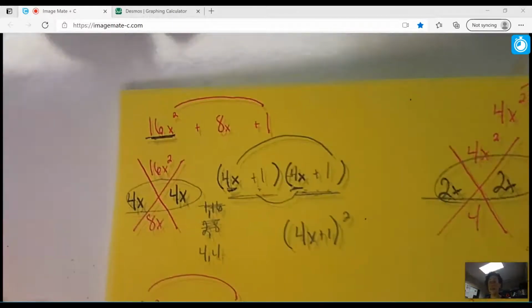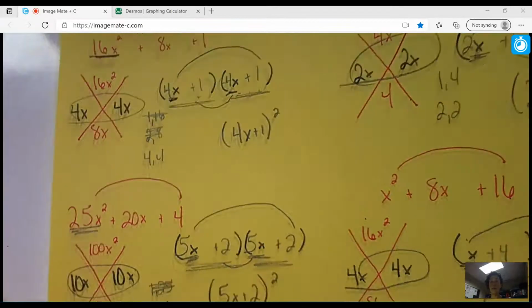All right, so first what we're going to do is I'm going to show you how we can take something and turn it into something like this, a perfect set of parentheses squared.